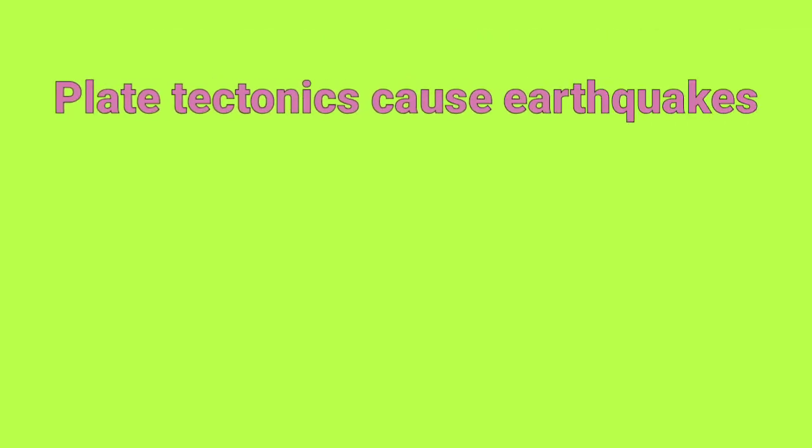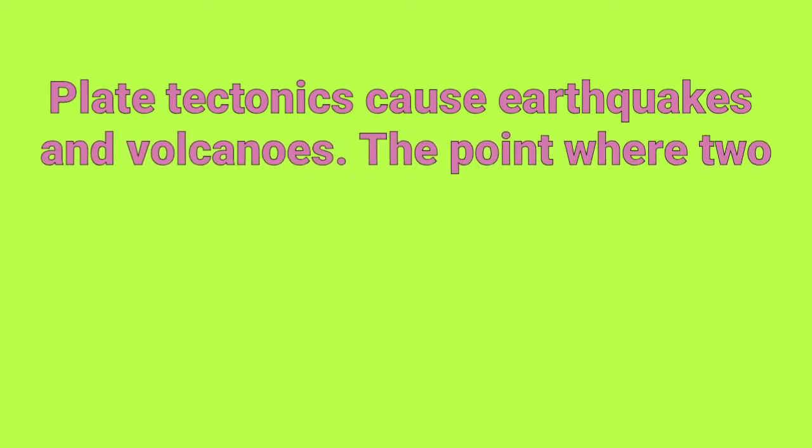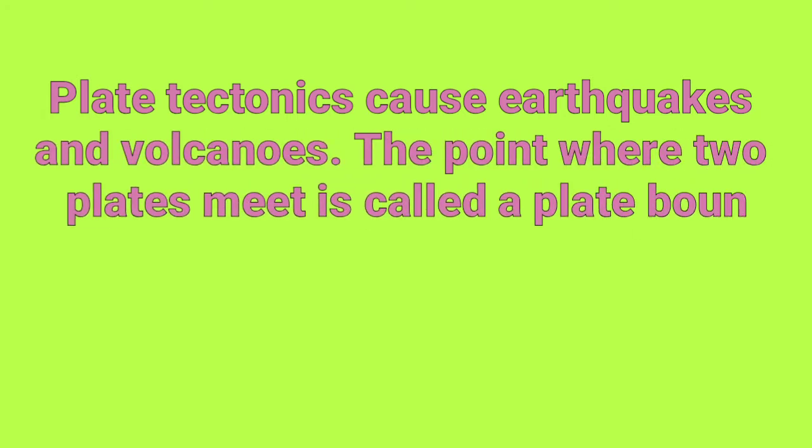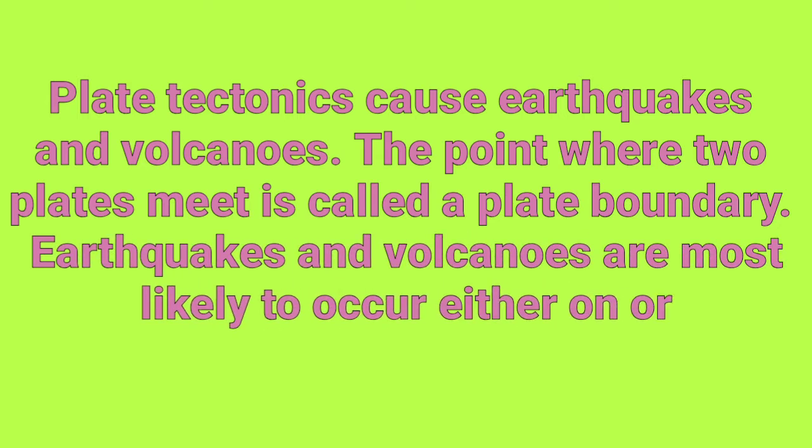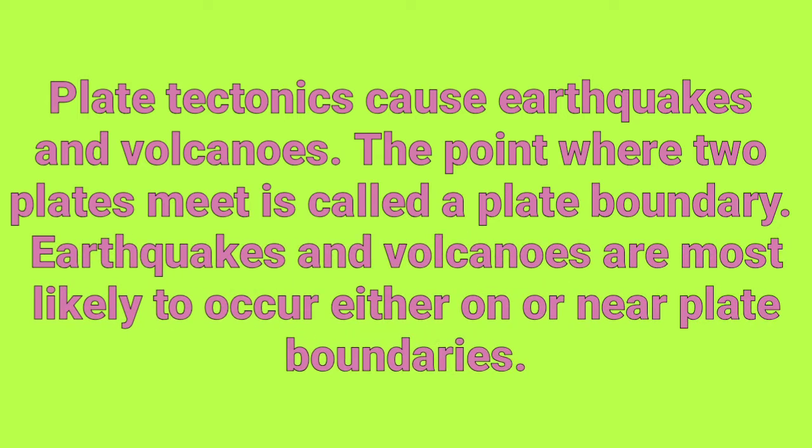So students, here we can see that plate tectonics cause earthquakes and volcanoes. The point where two plates meet is called a plate boundary. Earthquakes and volcanoes are most likely to occur on or near plate boundaries.